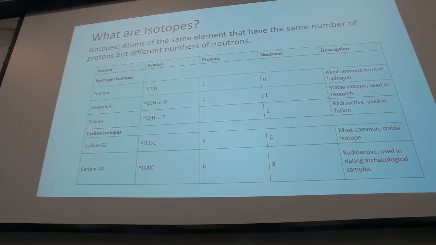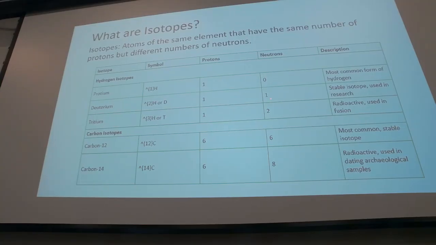So, here we have examples of isotopes of hydrogen. We have this common type of hydrogen that is called protium, in which we have 1 proton and no neutron. Now, there is one type that is called deuterium.